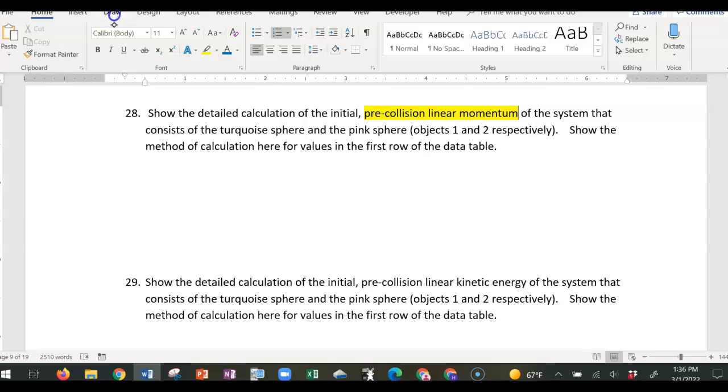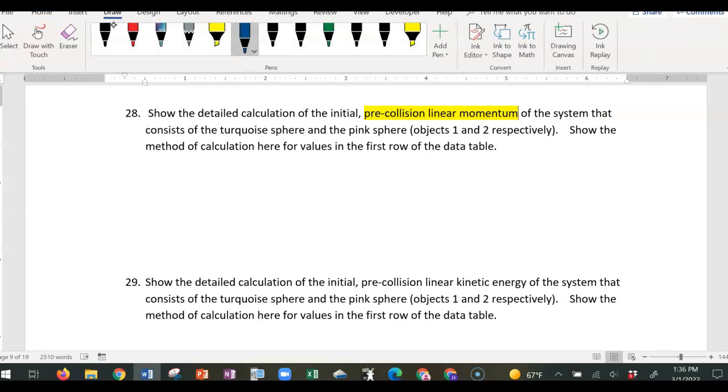The momentum of the system at the beginning, so I'm going to put initial, should equal the sum of the momentum of the blue sphere at the beginning plus the momentum of the pink sphere at the beginning.